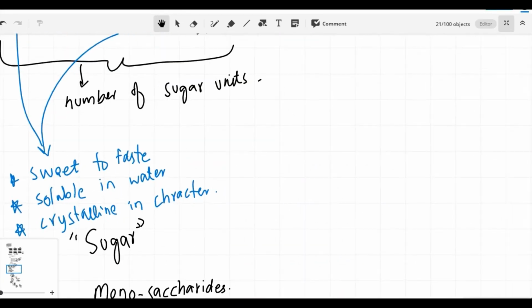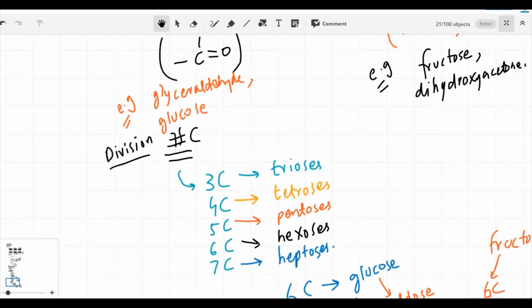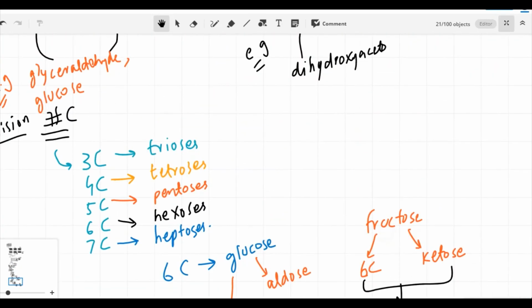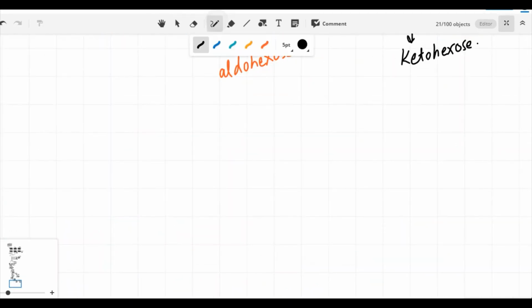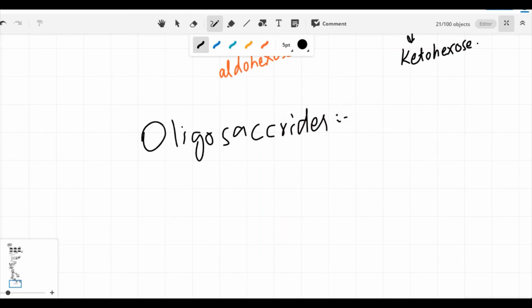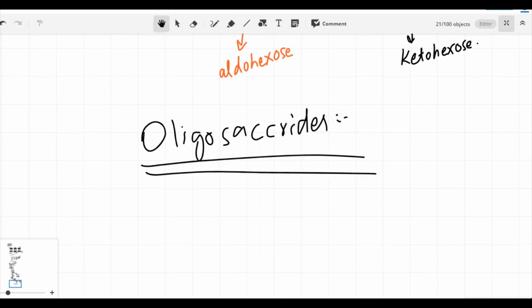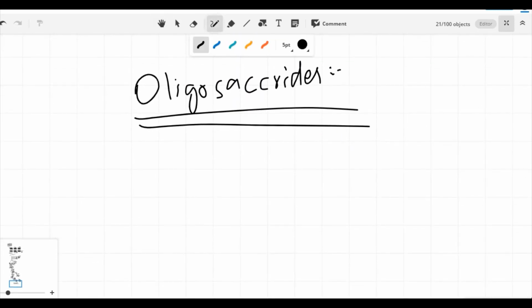Okay students, so now we are going to discuss the next group of carbohydrates, that is oligosaccharides. Oligo means few, remember, just like mono means one and oligo means few.